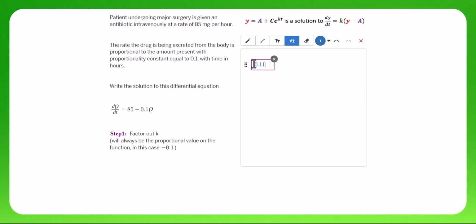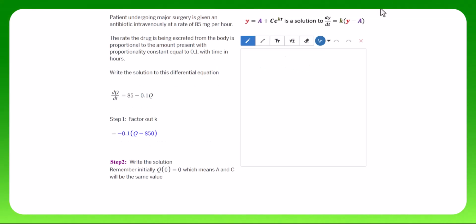What's going to be left on the inside will be dividing these values. So minus 0.1 divided by 0.1 and Q. And in this case, with it being an out, I want to do the negative of this value. And I think I show the solution right here. But this is how I do this.